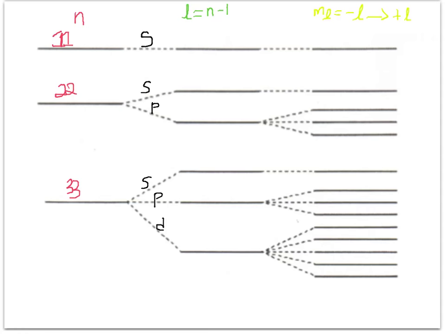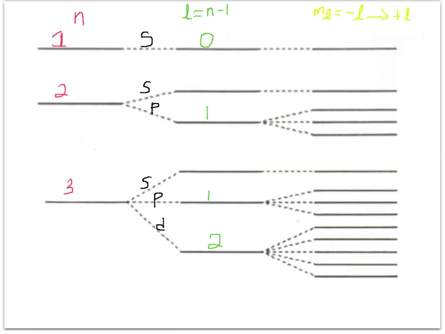So what are the values for L? Remember, L is equal to n minus 1. So if n is 1, our L values will be what? For the first energy level, it will be 0. 2 minus 1 is 1. And 3 minus 1 is 2.